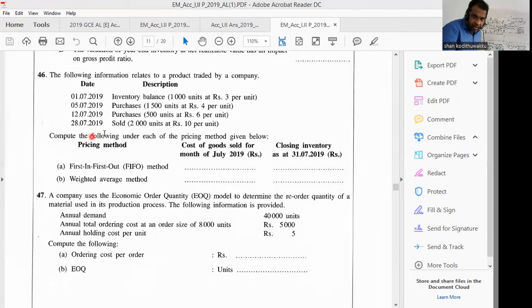Then we have to calculate the inventory value at that moment.